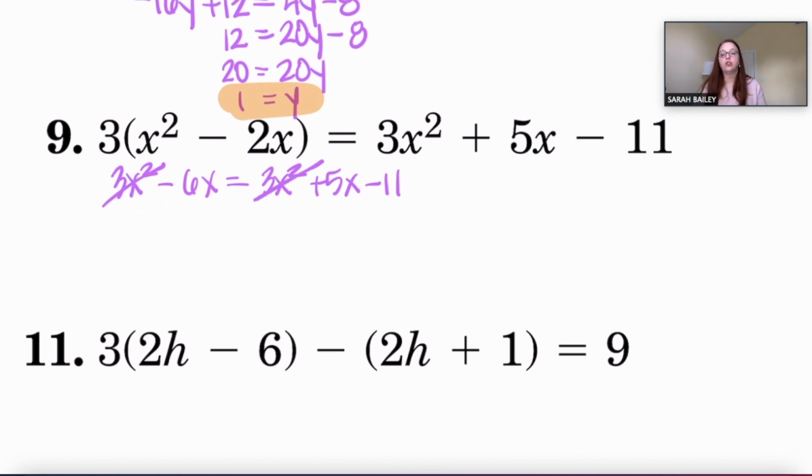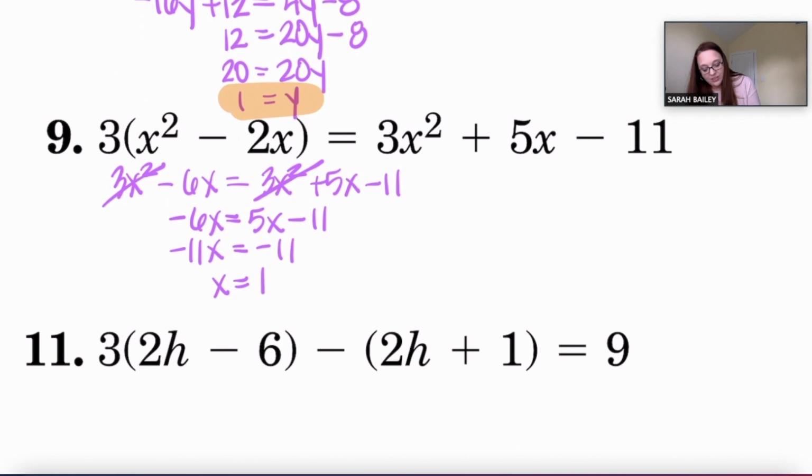No more x squared terms, leaving me with negative 6x equals 5x minus 11. So you could add 6x on both sides first, but I think in this case, since that's the only term on the left, I'd subtract the 5x on both sides. So that's negative 11x equals negative 11, which means that x is 1.